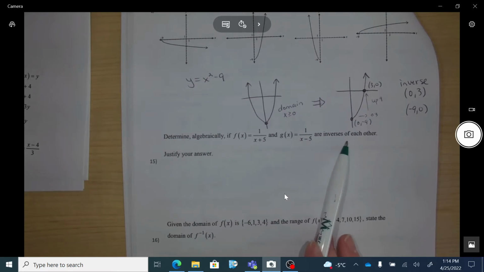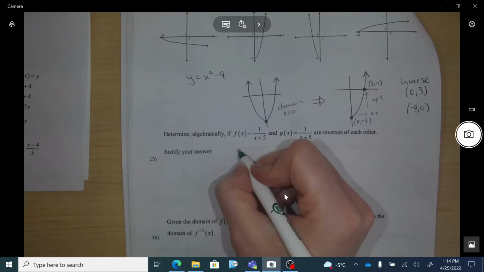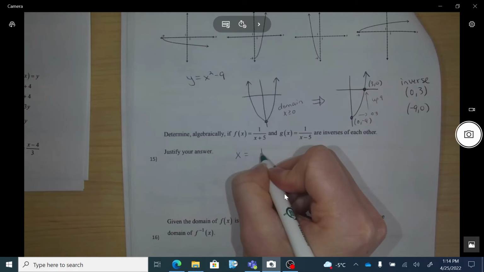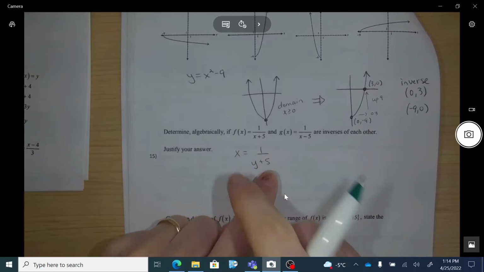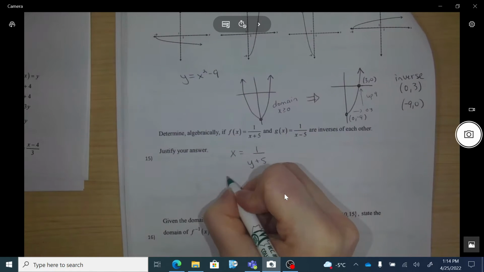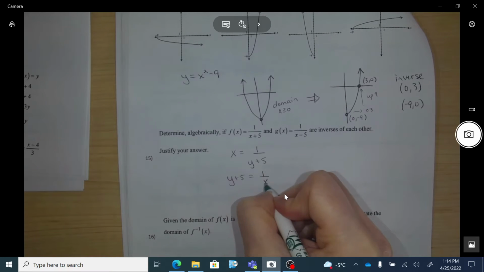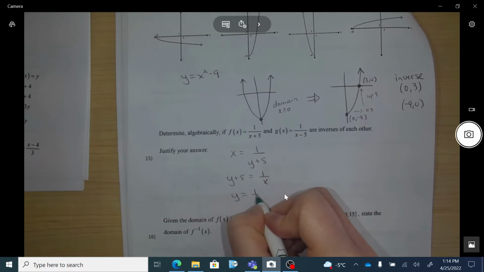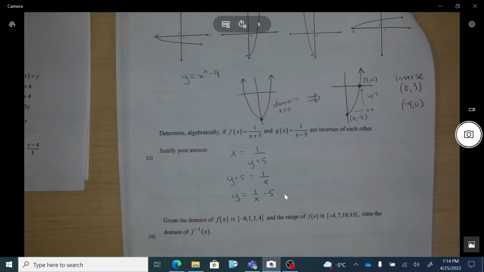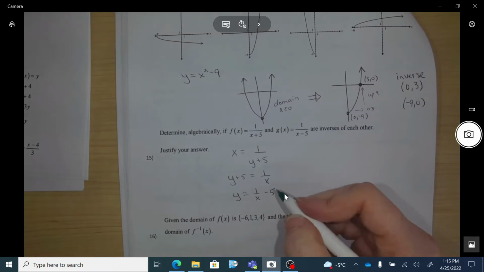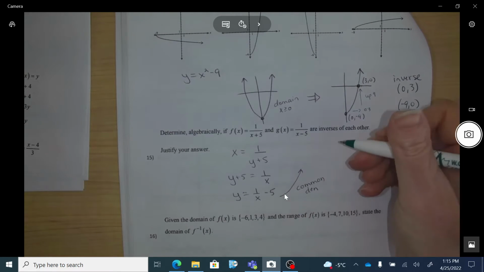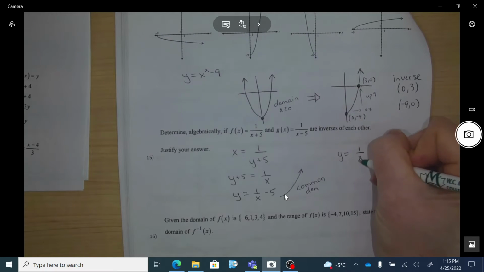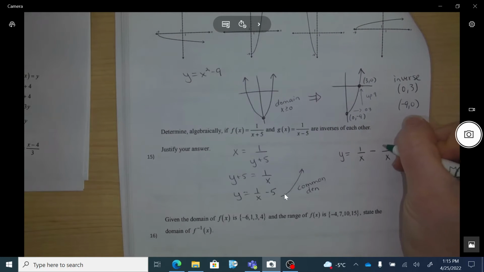Determine algebraically if those are inverses of each other. So if I make this y an x and this x a y, to solve I'm going to do a cross multiplication, and then I'm going to subtract 5. If I wanted to put this over a common denominator, I would do 1 over x minus, I need an x, which makes that a 5x.